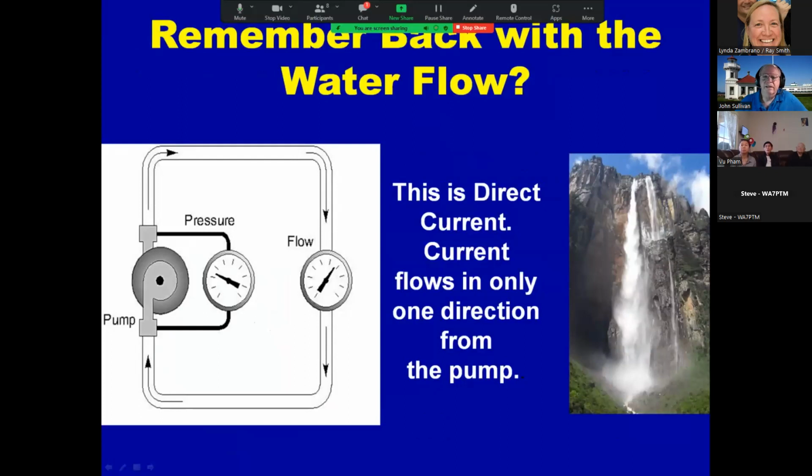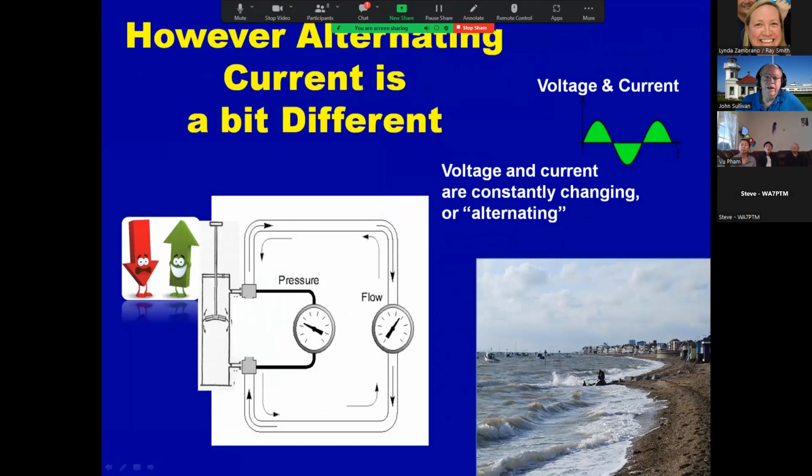So getting back to that analogy of water flowing, you can think about direct current like a waterfall, right? The water has only one direction it can flow in. It flows in a single direction, and that's it. And that would be the example here with a pump, pumping water through a pipe in a circuit, in a circle like that. Alternating current is basically in waves, the sinusoidal wave.